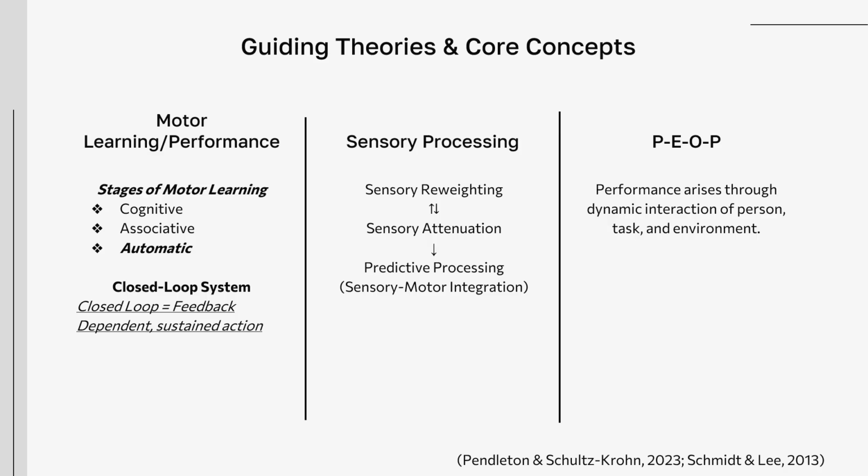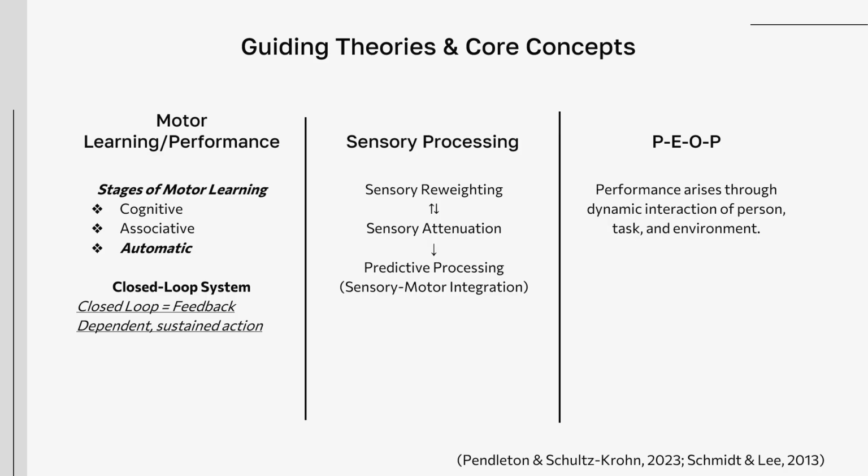We understand that performance arises through the dynamic interaction of the person, the task, and the environment. And in this case, as we went over in the last lecture, the sensory processing errors sit in the person, setting them into a point where the environment is now requiring so much more effort to just exist in. And then there's the demands of the tasks.